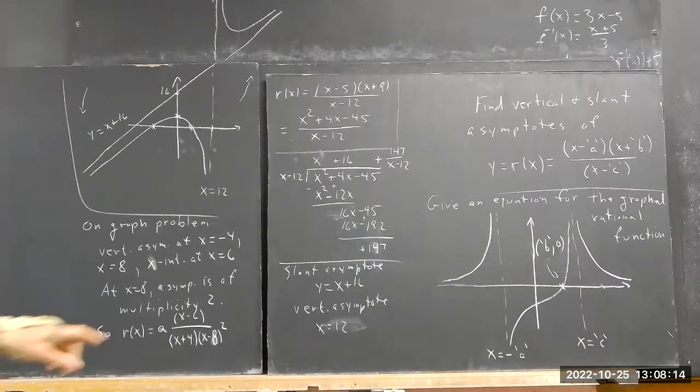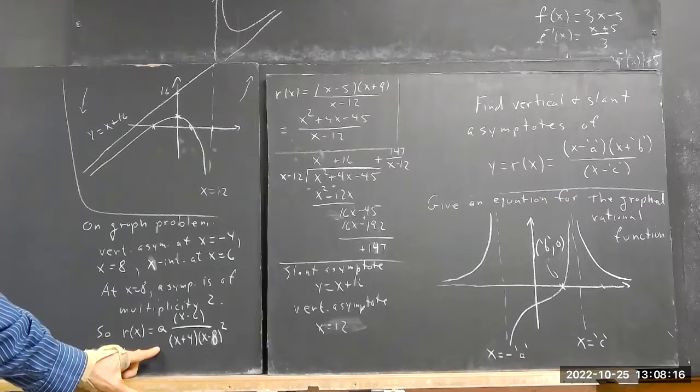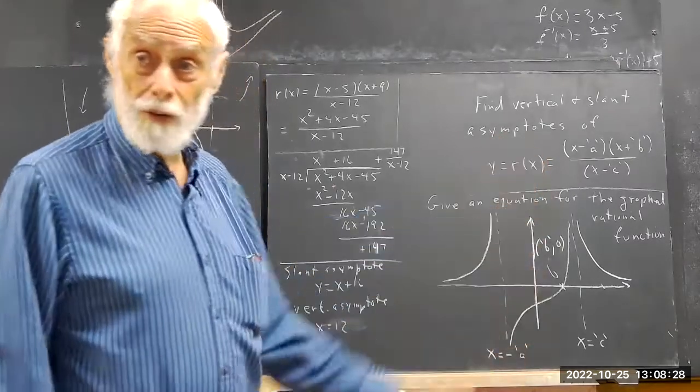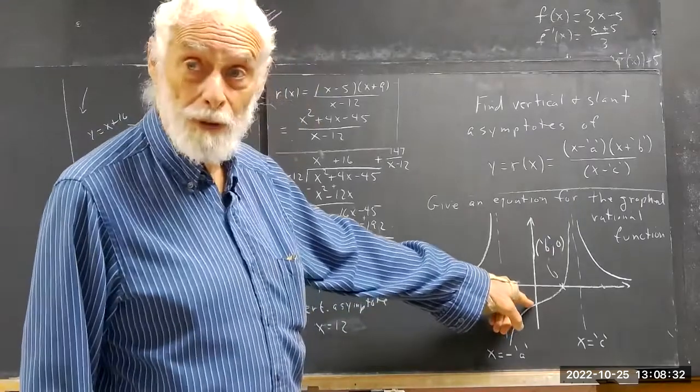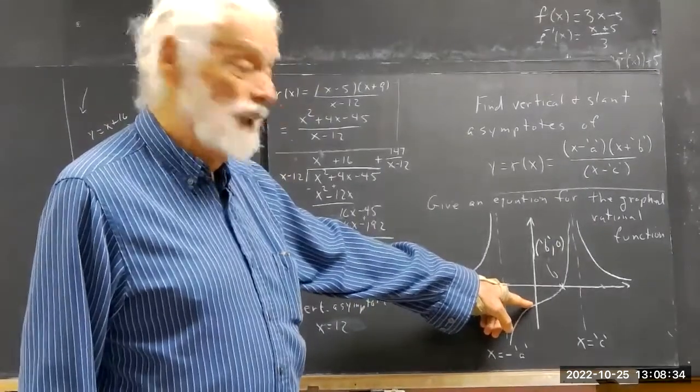At this point, you don't know how to evaluate A because I didn't give you any information. You would be free at this point, if you want to show off on a test, to put a scale on the y-axis. The easiest way to put a scale on the y-axis, maybe just say the intercept is -6.